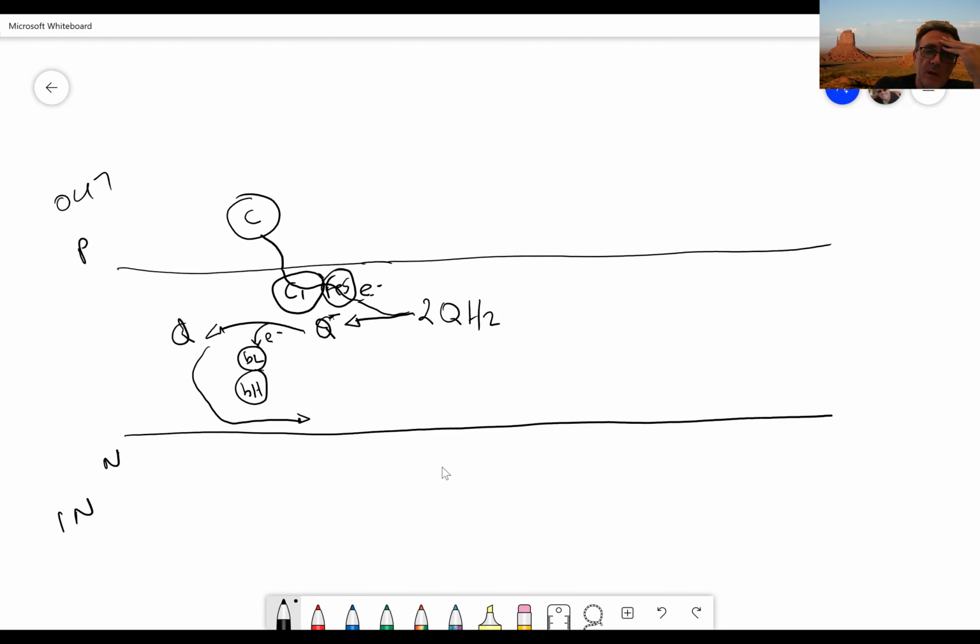It's mobile in the membrane and picks it up again, and becomes again a semiquinone. And we'll leave it from now at this point.